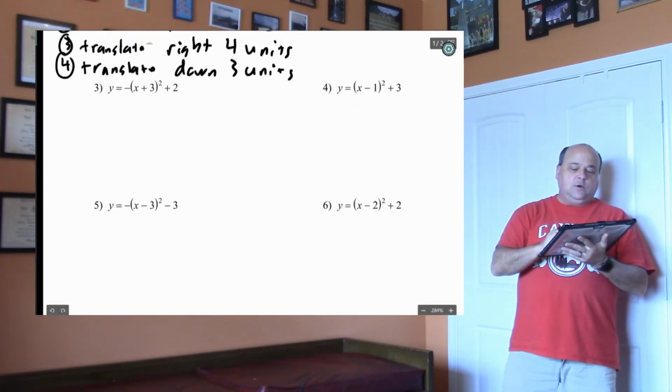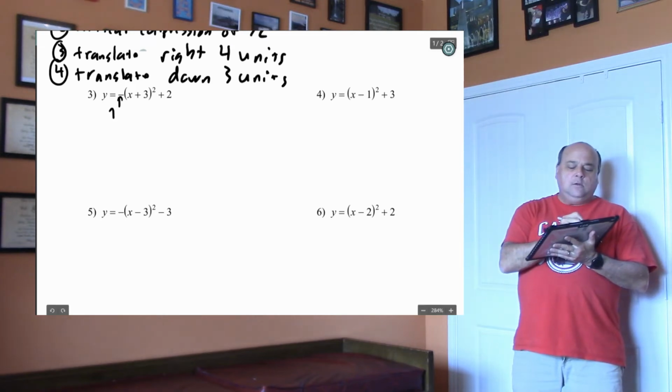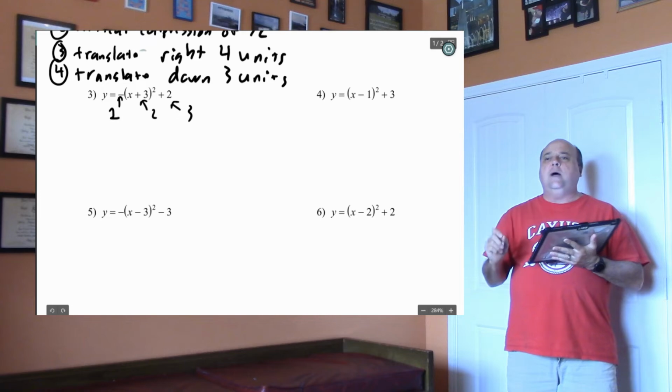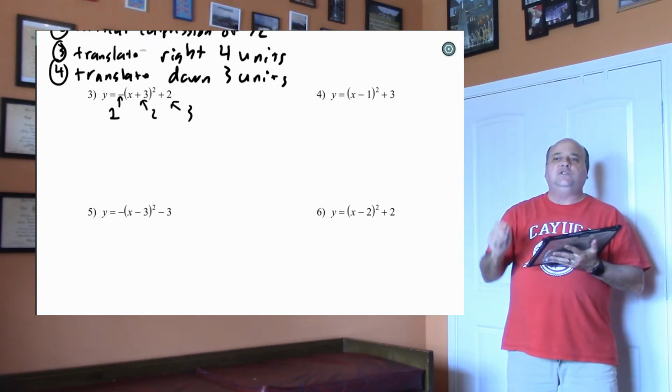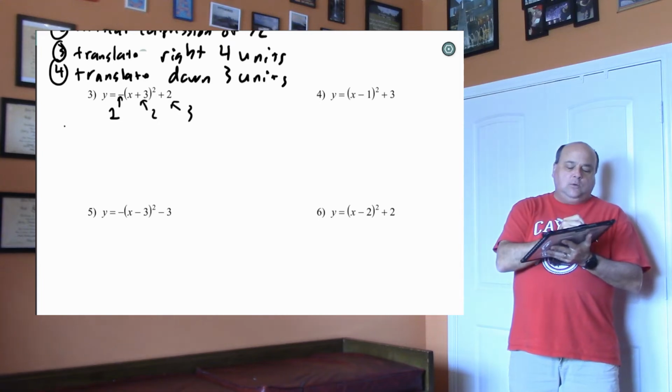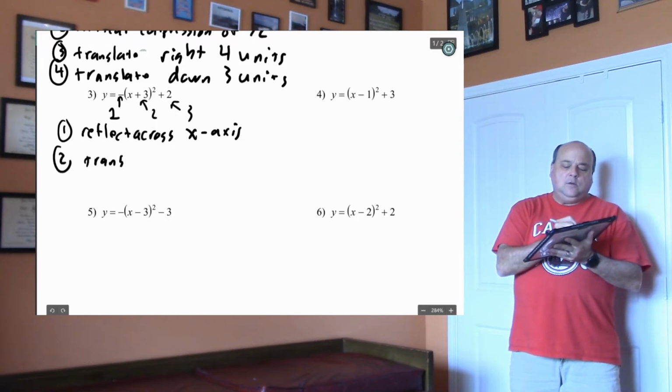So let's go to number 3. Notice there's no a, is there? So this parabola will not be vertically compressed or stretched. The first thing that's going to happen is reflect across the x-axis. Step 2 is translate.